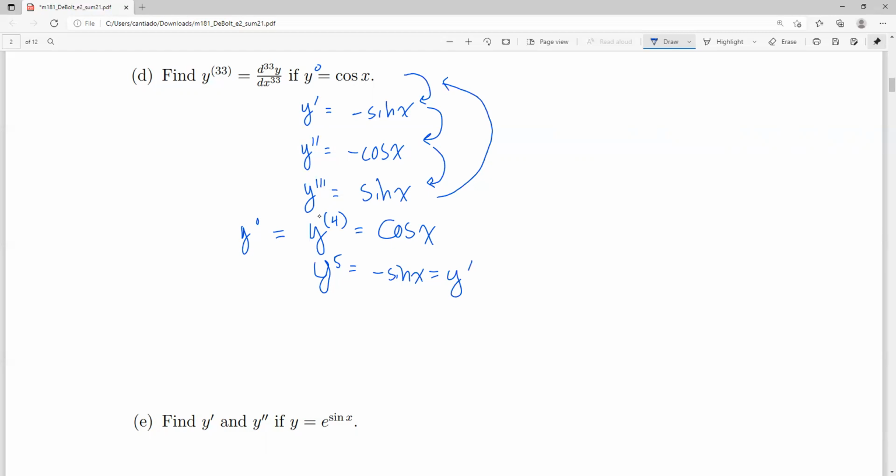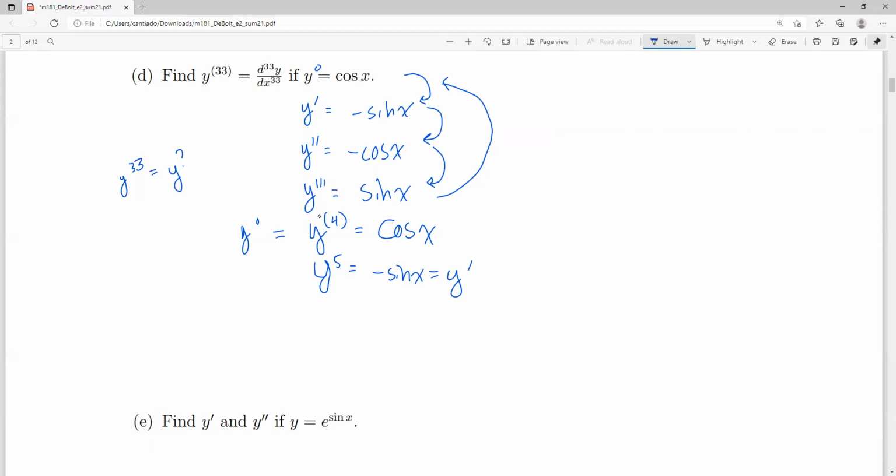So in order to figure out what y to the 33rd equals, we're simply going to divide. Notice how the cycle has 4 terms. What we can do is divide the number and try to find which one it equals.